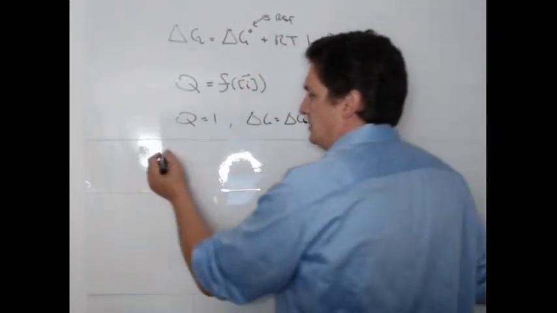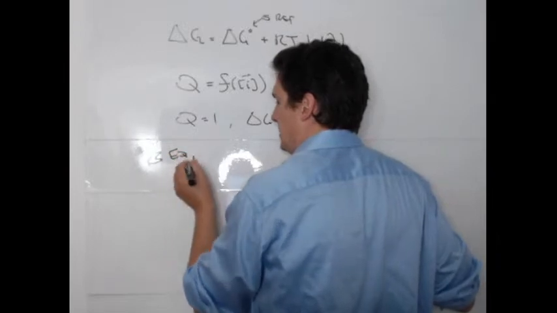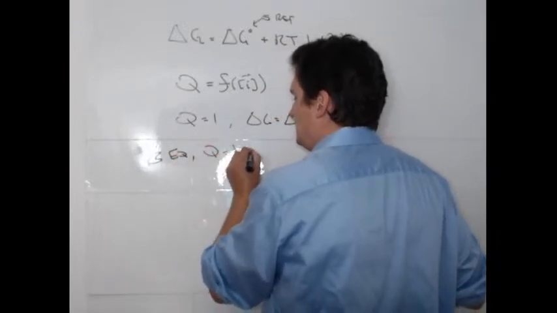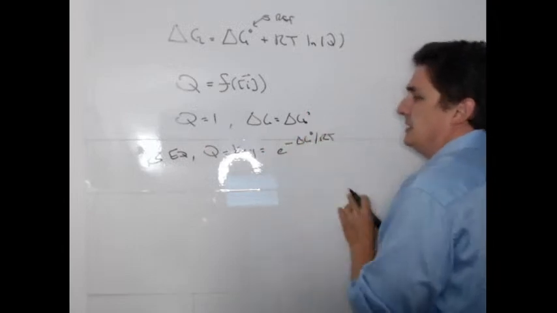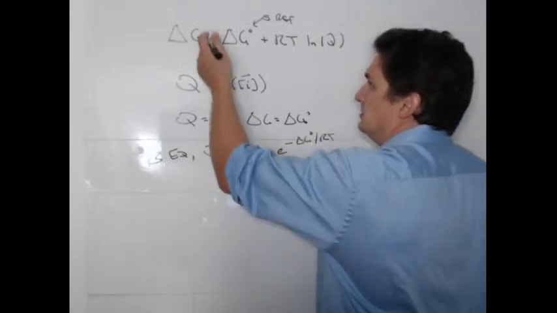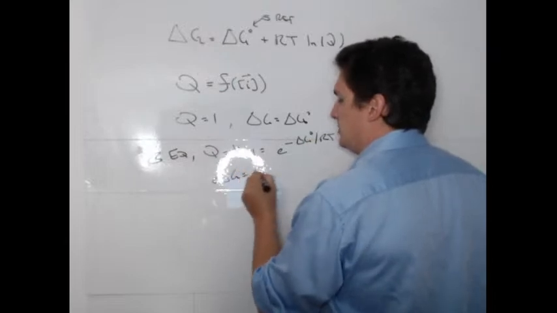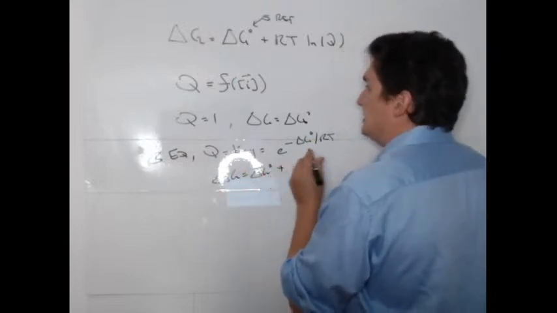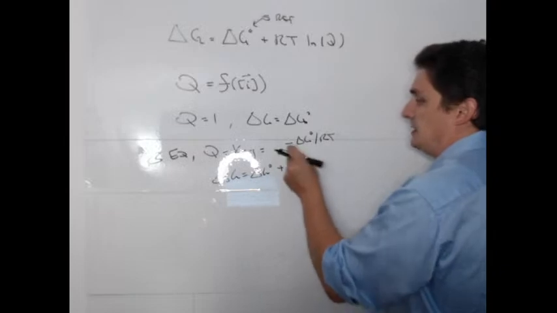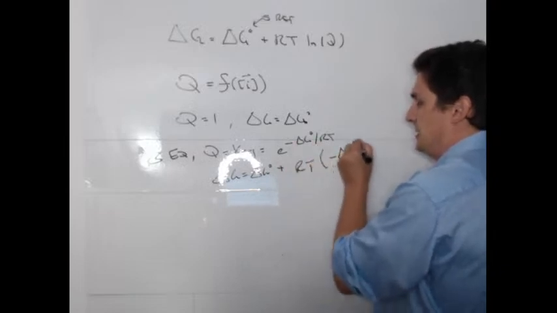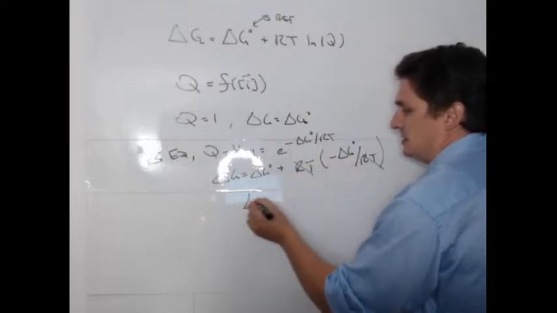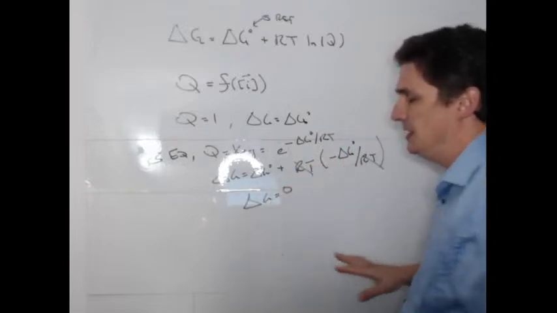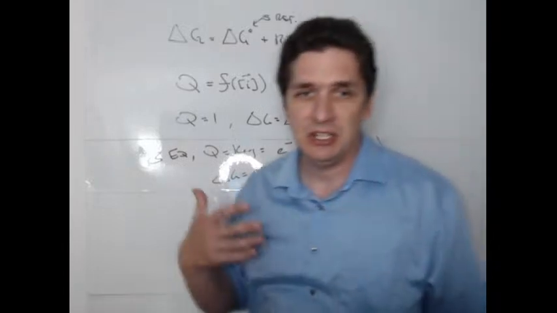But at equilibrium, Q equals Kq, which is e to the minus delta G naught over RT. So if we put in that expression for Q, delta G equals delta G naught plus RT ln of Q, but it's RT and the ln of this is minus delta G naught over RT. So our RTs disappear and we get delta G equals 0. So at equilibrium, delta G equals 0.